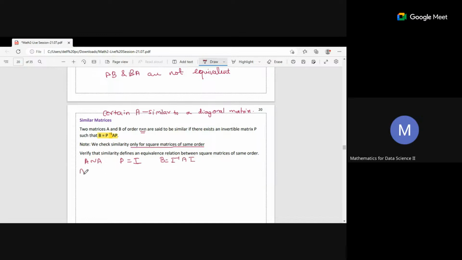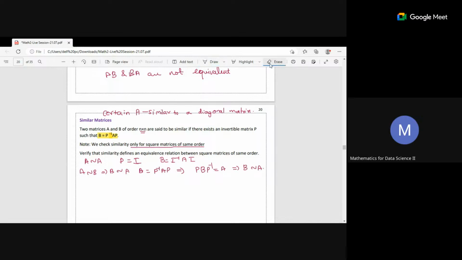And A similar to B implies B similar to A. B is equal to P inverse AP implies PBP inverse is equal to A. I'm just pre-multiplying with P and post-multiplying with P inverse. Then I will get A. So this means B is similar to A.